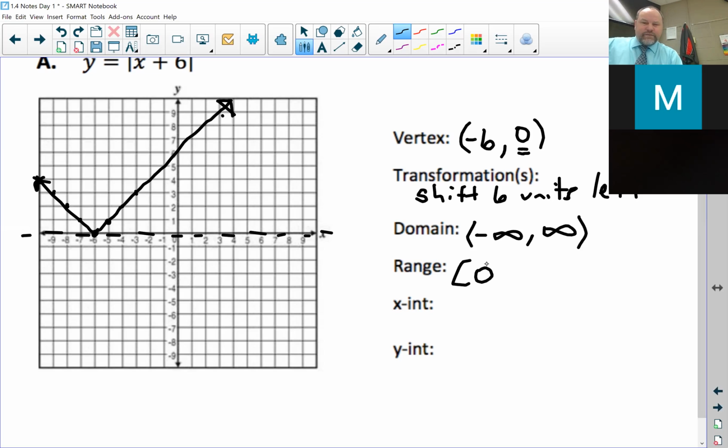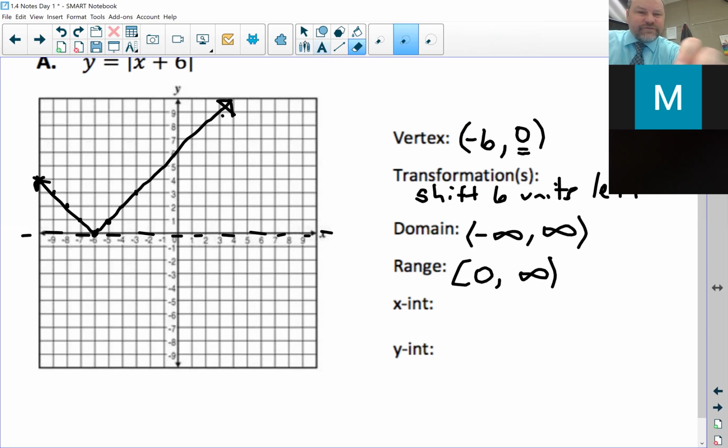Zero. And because we could have zero for Y, we use that square bracket. And then what's the largest value we can get? Again, the arrow goes off and it just keeps going. So we go all the way to positive infinity, because there's no bound. It can get as high as it wants. Okay.